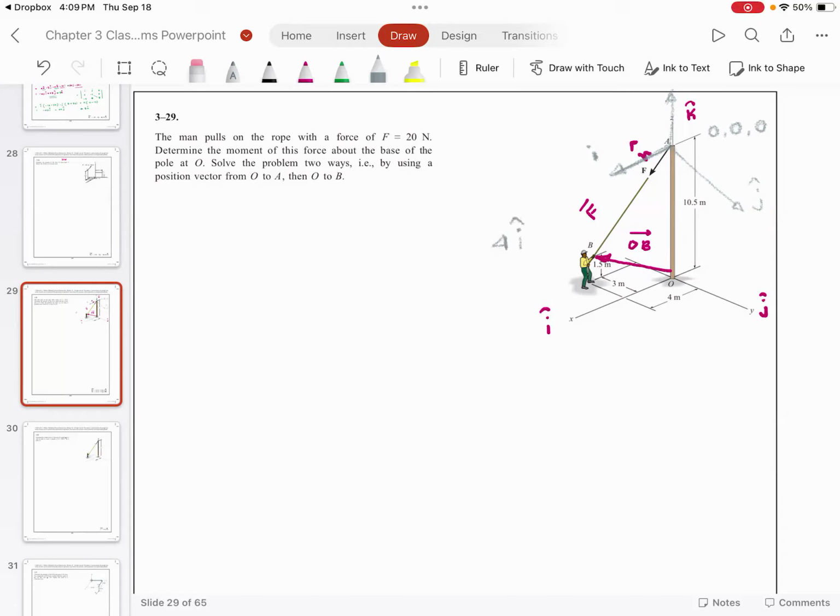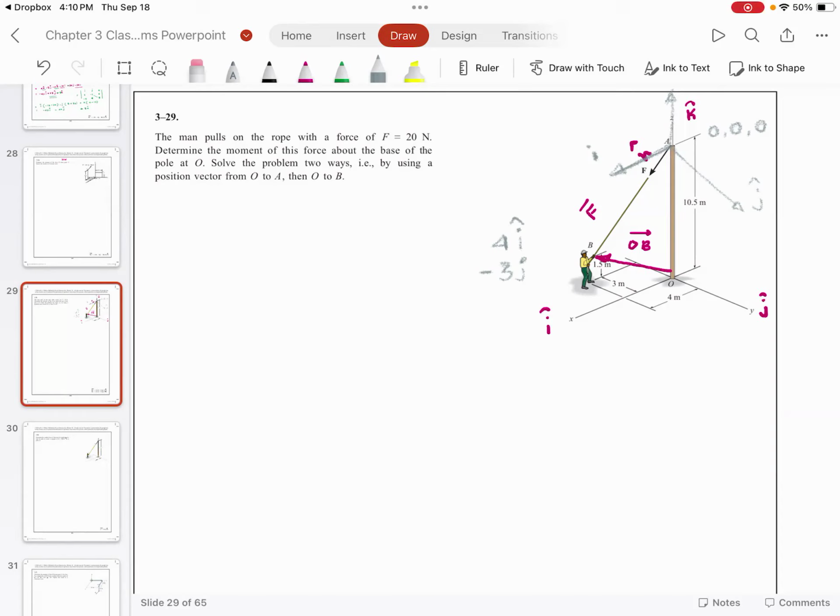I need to travel minus 3 units in j direction. And how much in k? Please note, the vertical height of the pole is 10.5.